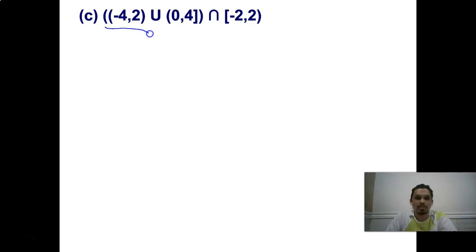Okay. And this one here now, we look into this part first, before we combine the answers of this with this one. The first one, from negative 4 until 2. Okay, negative 4 until 2. And then from 0 until 4. 0 until 4.